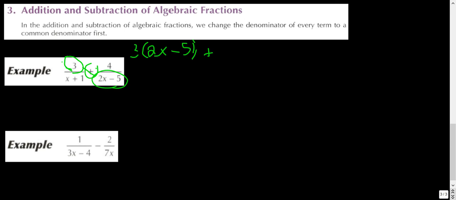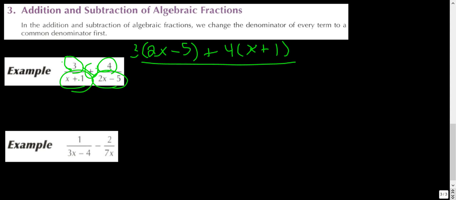So we've got plus x plus 1 times 4, so 4 times x plus 1. And this is divided by x plus 1 times 2x minus 5.